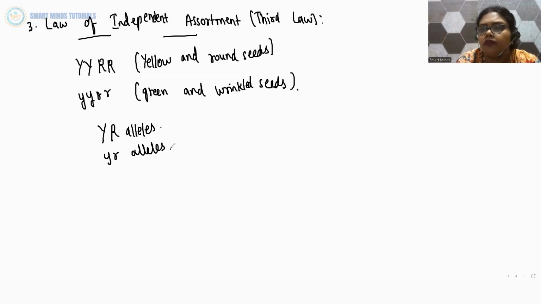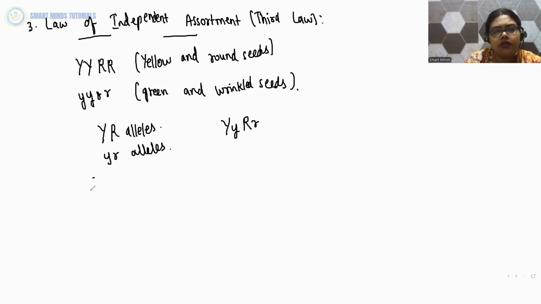Hence, all of the F1 dihybrid plants must carry a genotype of capital Y, small y, capital R, small r. So, this was about the dihybrid cross P generation.